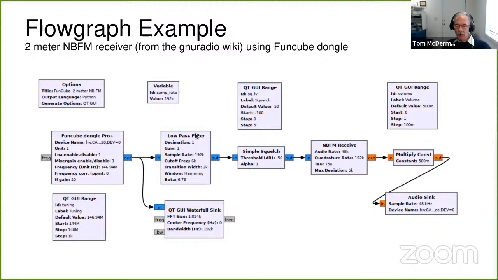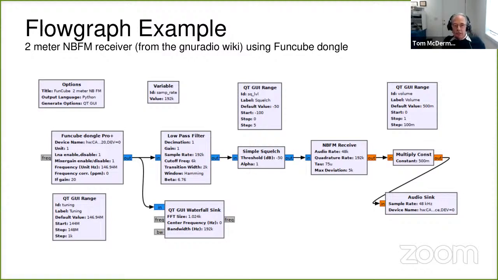Then our low pass filter here lets us just zoom in on that portion of the spectrum that we might want. So that's an example of a flow graph. You draw it just like that in GNU Radio Companion, click the compile button, and then click the run button, and you have your receiver up and running. It's really that simple. So core concepts.